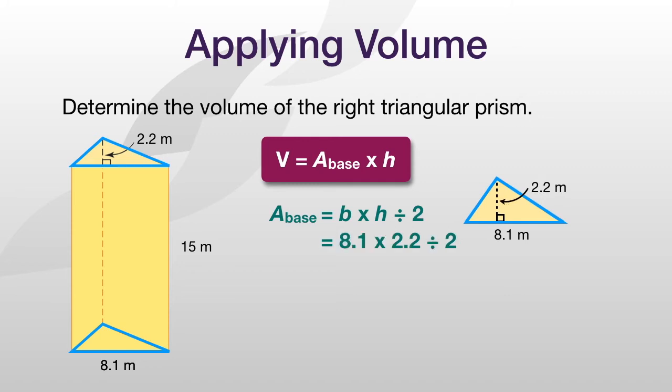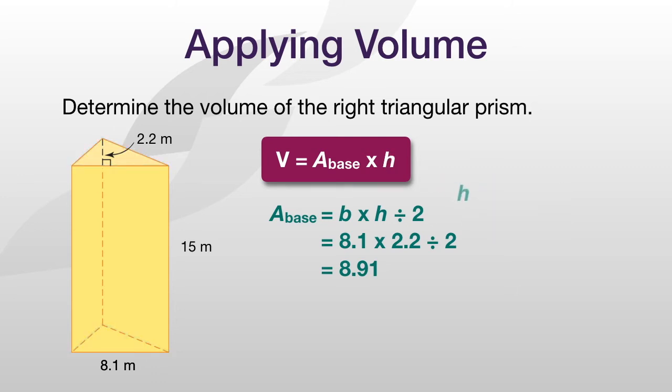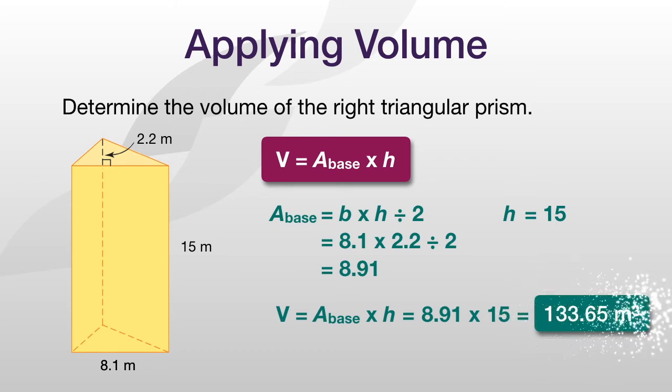Substituting into the formula shows that the area of the triangle, which is the base of the prism, is 8.91. The height of the prism is 15. So substituting into the volume formula shows that the volume of the prism is 133.65 cubic meters.